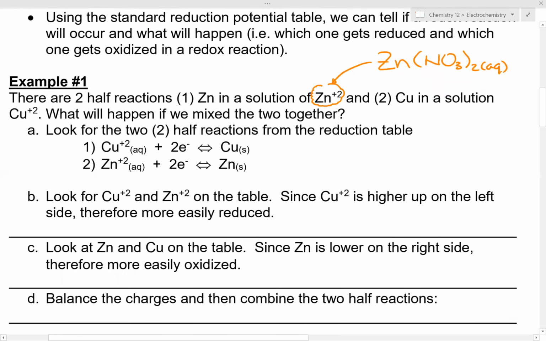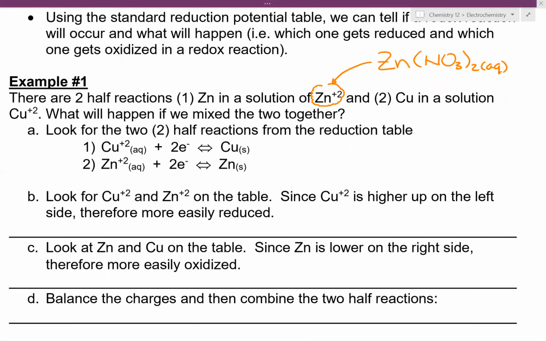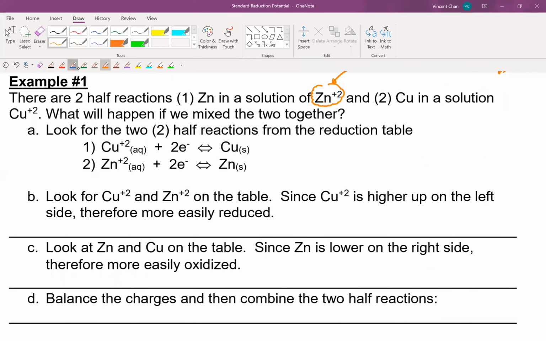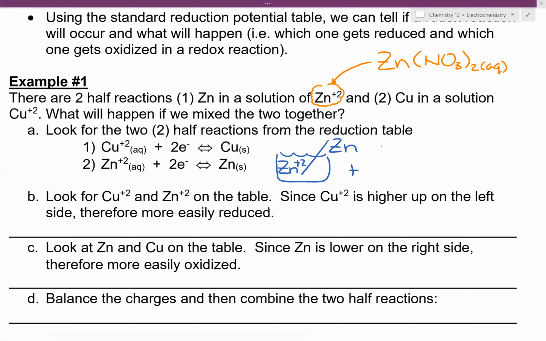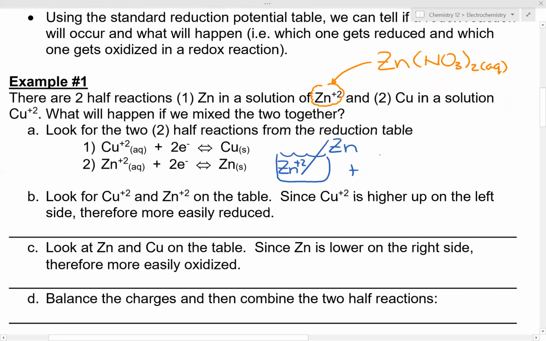So what do I mean by this particular scenario? Let's say I had a solution here, we have my zinc solid and my zinc ions, and I slap it together with a beaker full of copper ions and copper solid.